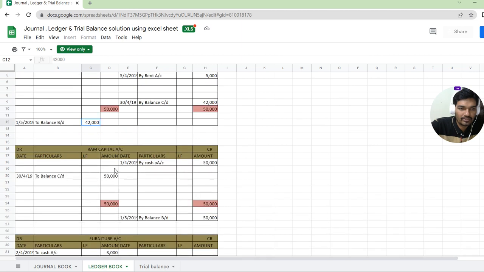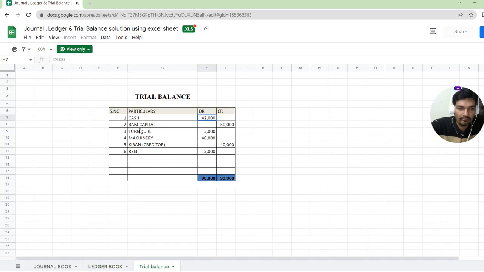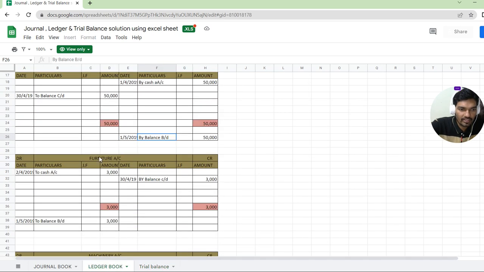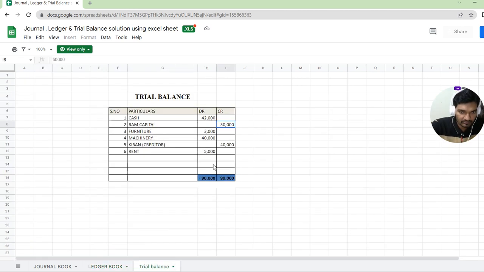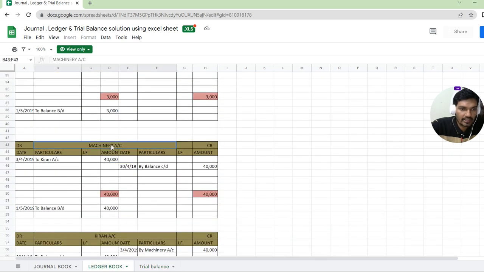The second ledger is Ram's capital account, where the balance brought down is available on the credit side only, so we show it on the credit side. The third one is the furniture account, where the balance brought down is available on the debit side, so 3,000 rupees we show on the debit side. Then the machinery account, where the balance brought down is available on the debit side only.